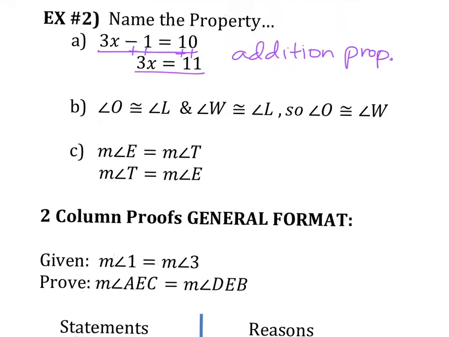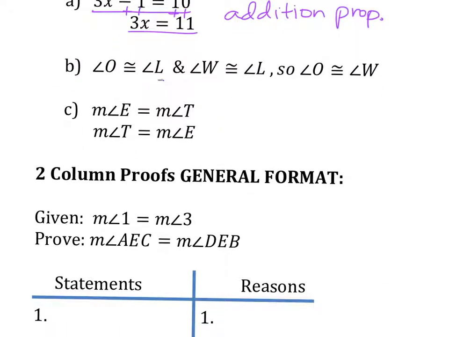Look at B here. It says angle O is congruent to angle L, and angle W is congruent to angle L. So angle O is congruent to angle W. Which property would that be? That is the transitive. It's the syllogism one, right? But the name of the property is not syllogism. So don't tell me syllogism.